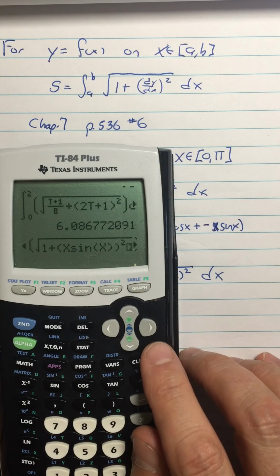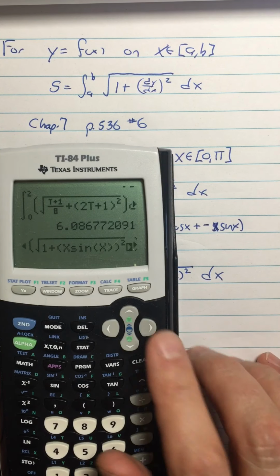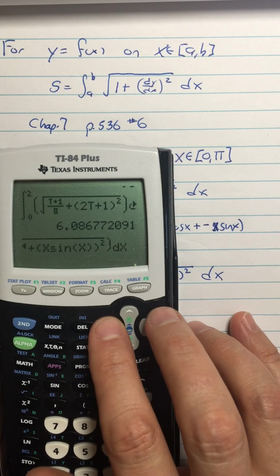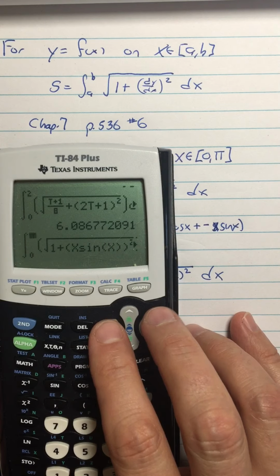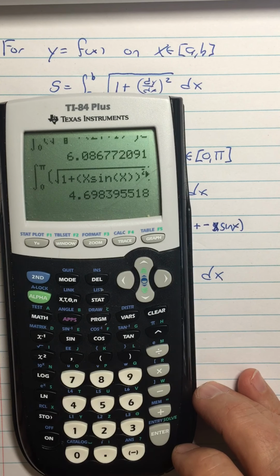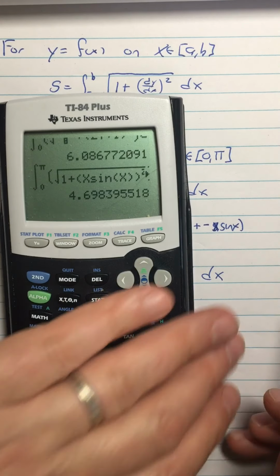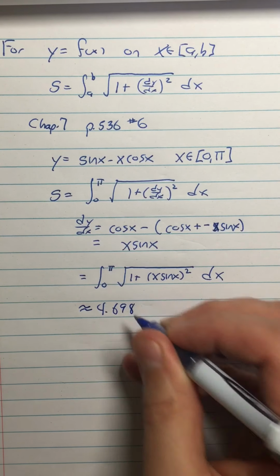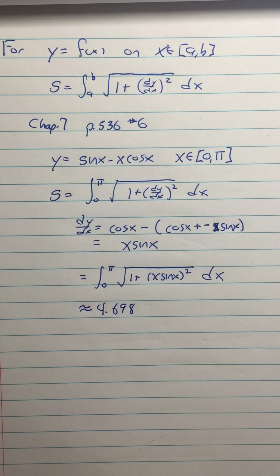Check that, make sure it looks right. Yeah, it looks right. And then dx. Check all the way back to the beginning, make sure it looks right. Yeah, that looks right. Hit equals. And we got 4.698. There you go. That's how you find arc length.